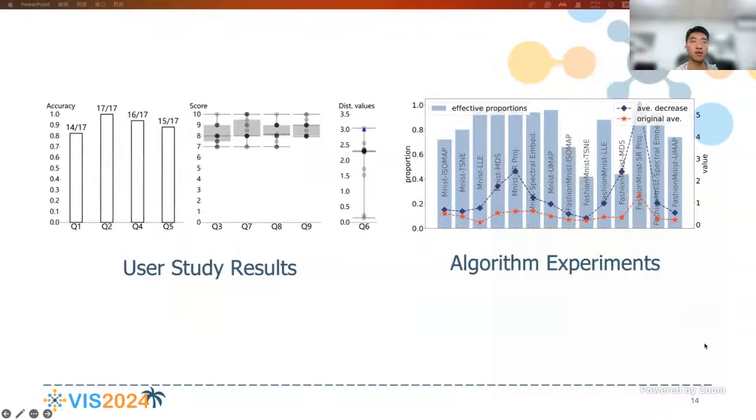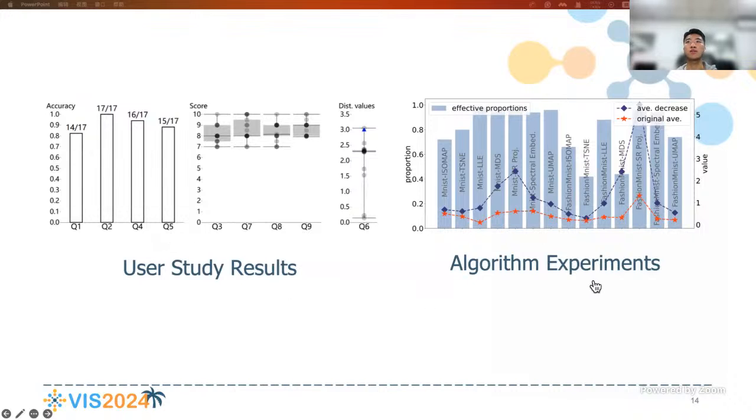Besides the case study that we have done with some domain experts, we also provide some results about the user study and algorithm experiments. In the left figure, you can see that the users tend to give higher subjective ratings on the subjective questions and achieve high accuracy in some objective questions.